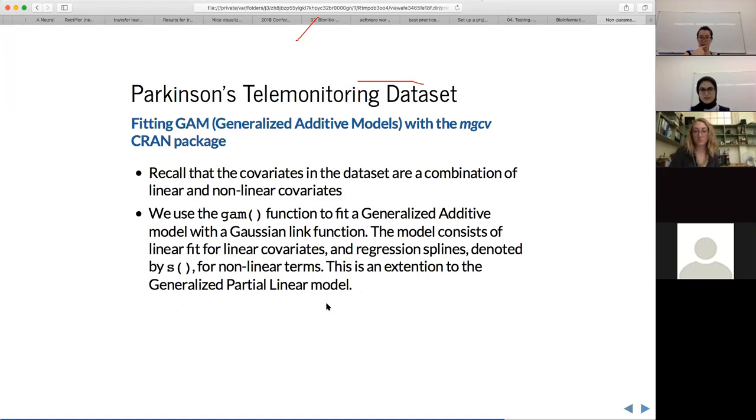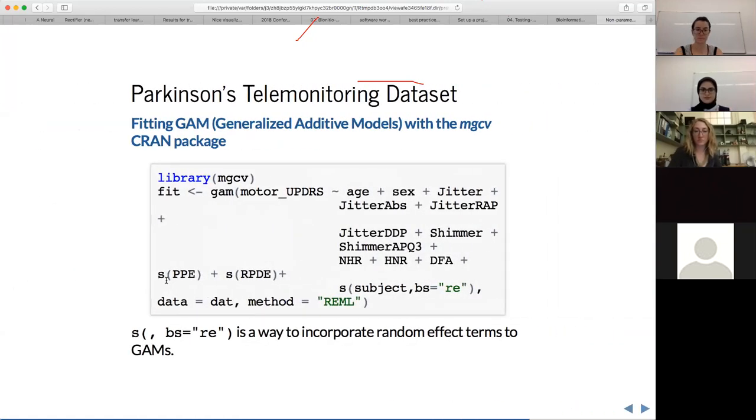Because the partial linear model is saying that you can have a linear part, X transpose beta, plus one g of X, so one of these S's, one smoothing spline or a regression spline, whereas here we have two terms that are actually nonlinear. So we are saying that I want a regression spline as a function of the PPE variable, and so we have more than one nonlinear term.